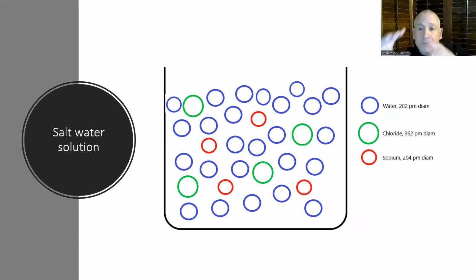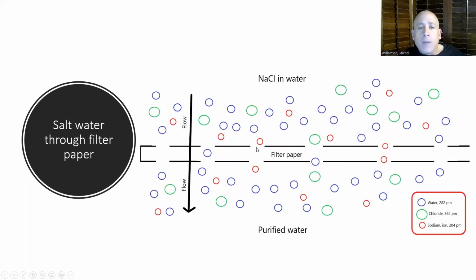A chloride ion has a diameter of about 362 picometers and sodium about 204 picometers. These are close enough to the size of water that pretty much all filters are not selective enough to let the water through but not the chloride ions.